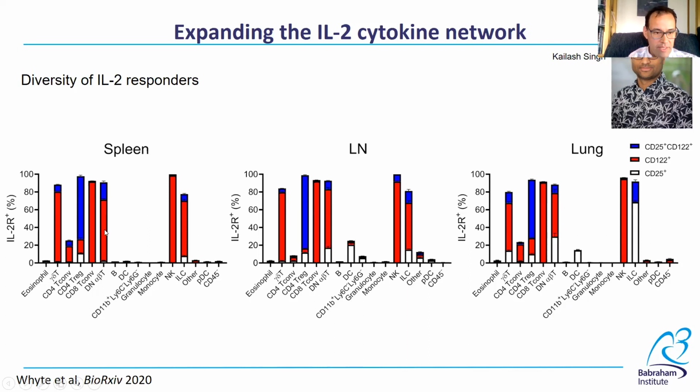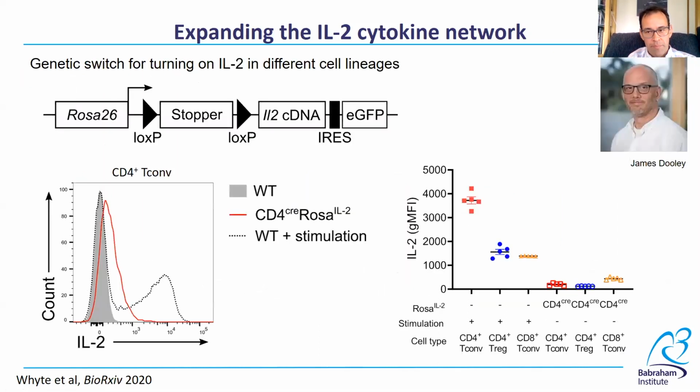If we look in, say, the spleen, we can see that most of the CD4 Tregs express the high affinity receptor, while the CD8 conventionals next to them are almost all expressing the intermediate receptor, but there is a diversity of responders. And if we start looking again in other tissues, such as the lung, we see an increased diversity of responders. So the network has the potential to be more complex than previously assumed.